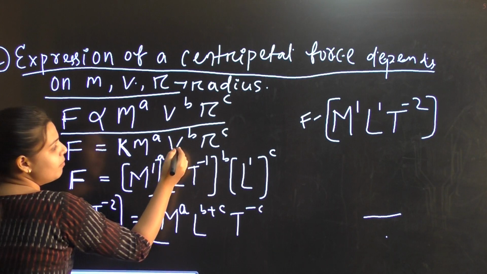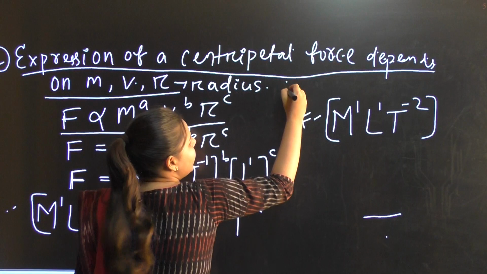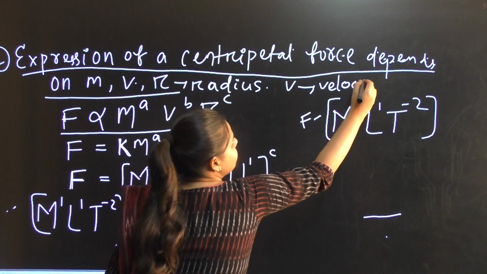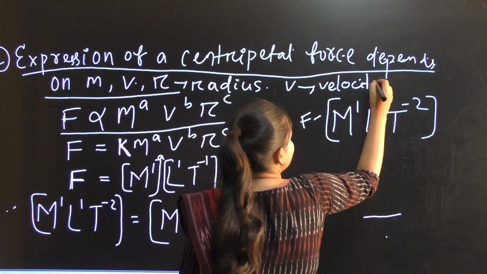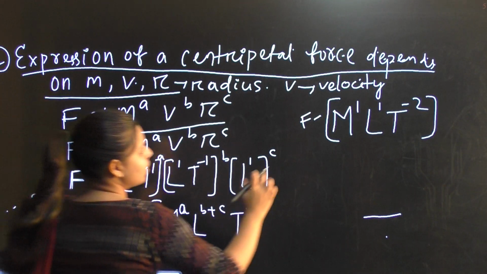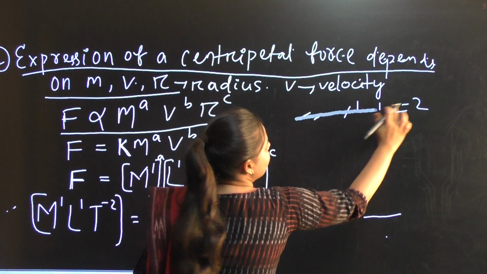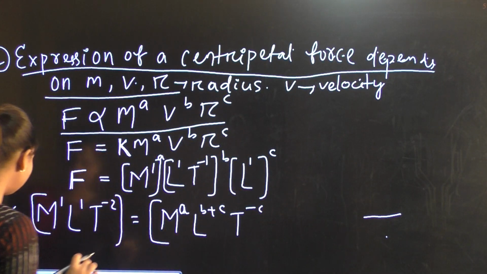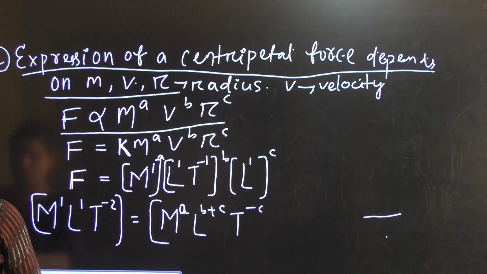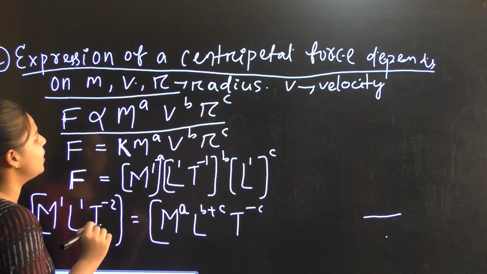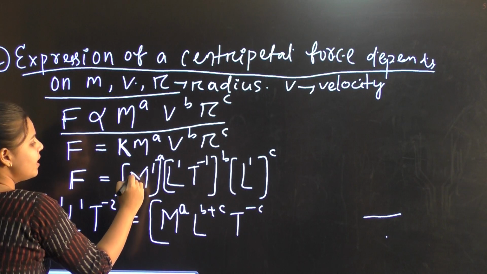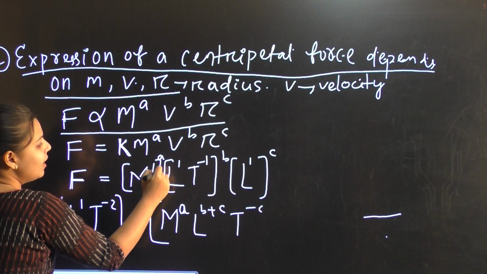Here m means mass and v means velocity. As m denotes mass, let's write M1 to the power a.